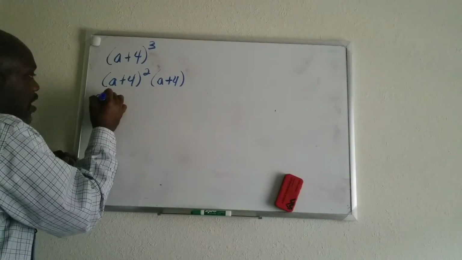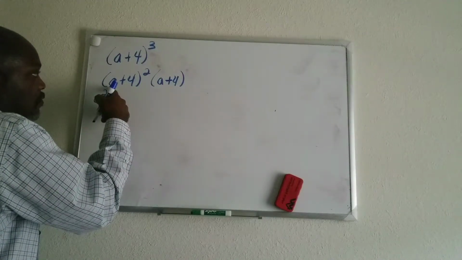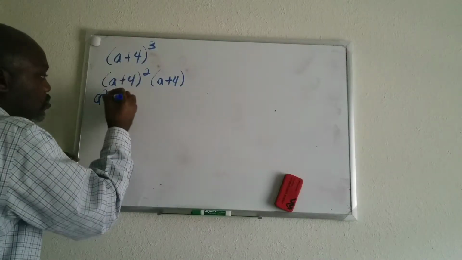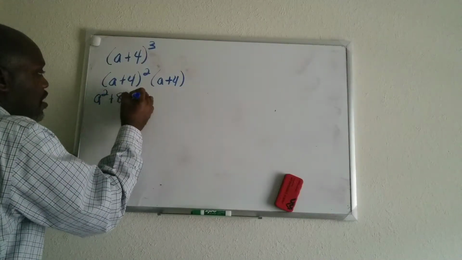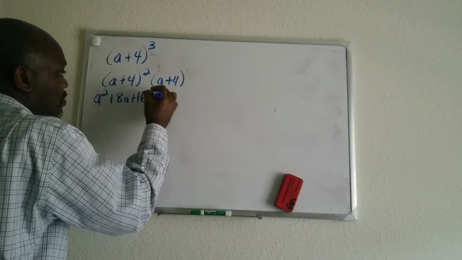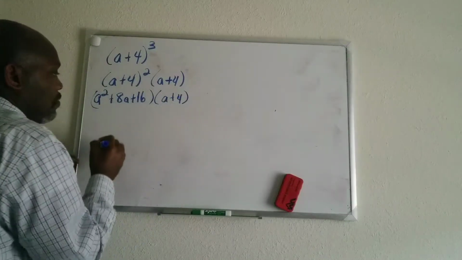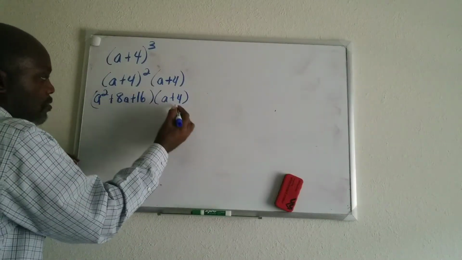And so I would go a squared, 4 times a is 4a, 4a times 2 is 8a, and then 4 squared is 16. And I'm going to multiply that by a plus 4. Remember, there's a trinomial times a binomial.